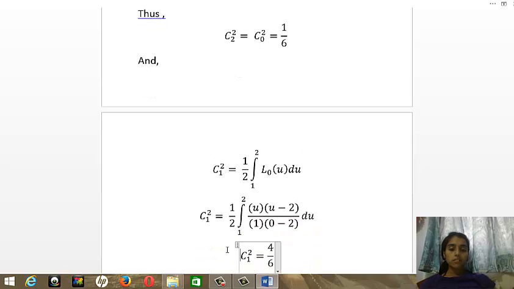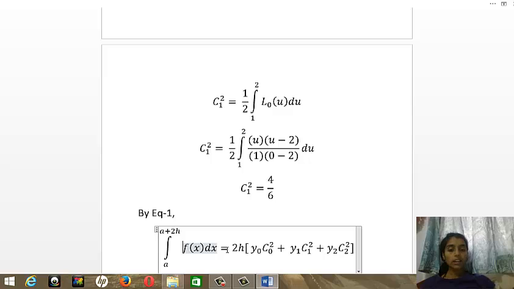Now we'll calculate C1^2, that is 1 by 2 integration of L1(u) du from 0 to 2. On calculating this, we get C1^2 as 4 by 6.